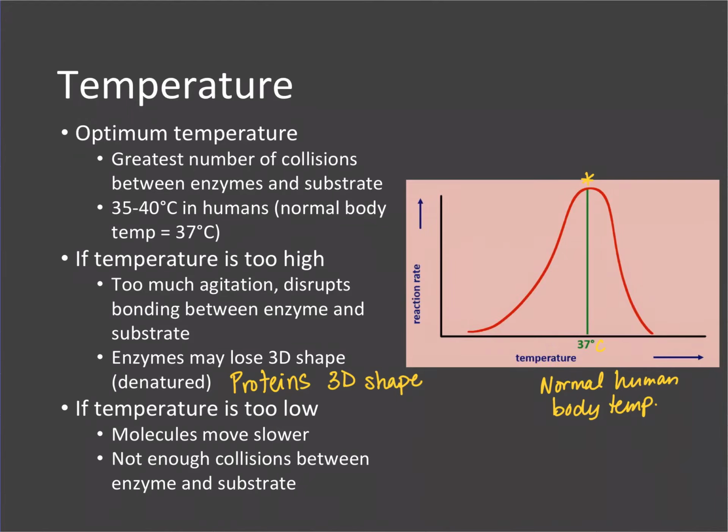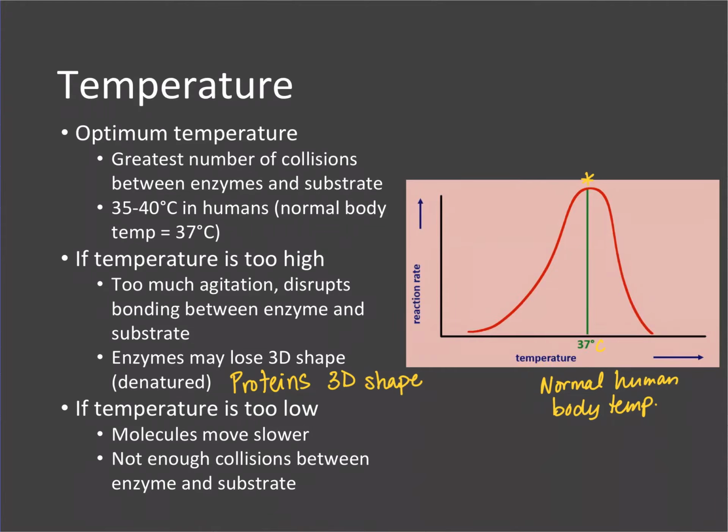And that's because the enzyme has to match the shape of the substrate in order for it to work properly. So if you add too much temperature and it causes the three-dimensional shape of the protein to unravel, it's kind of like melting the key. So if you were to take the key to your door and melt it down, it's no longer going to fit in the keyhole and it's not going to unlock your door.